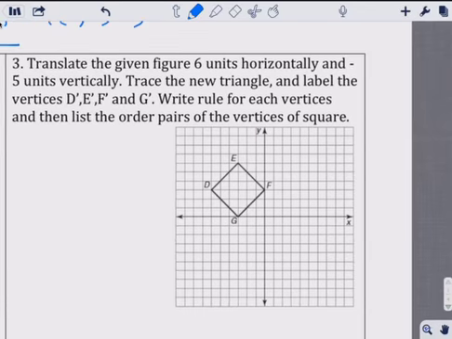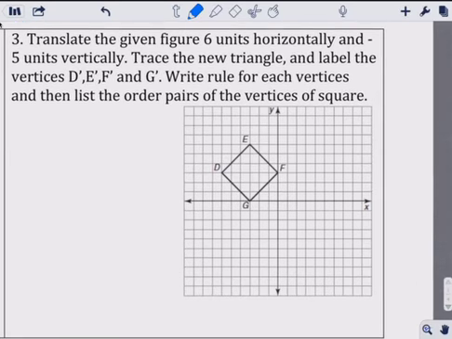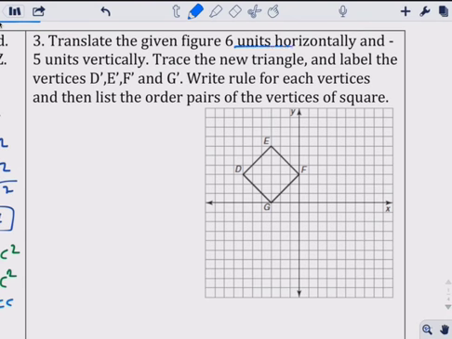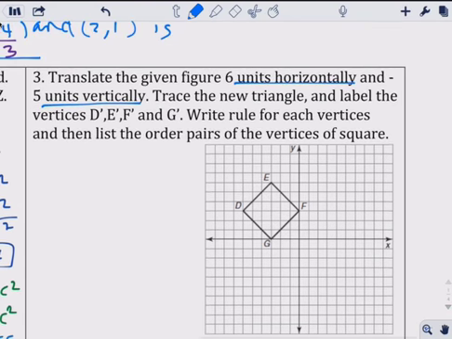Okay, now number 3, translate the given figure 6 units horizontally and 5 units vertically. So 6 units horizontal is the X, whatever X is you add 6. Vertical is the Y. Oh, this is a negative, I'm sorry you guys, that's a -5. I didn't put it right next to each other. So it's Y minus 5.